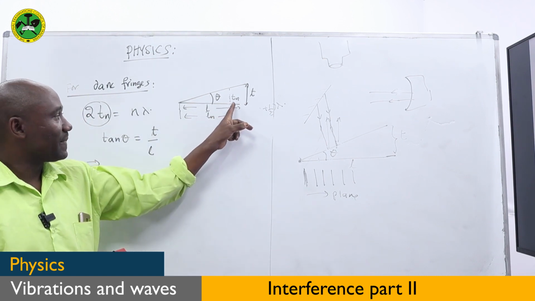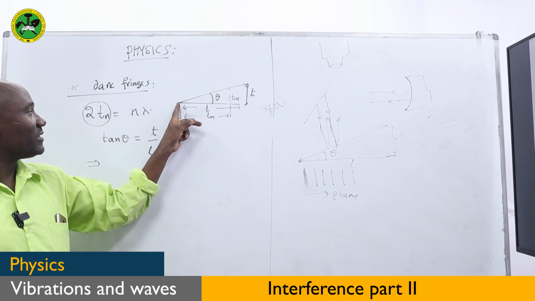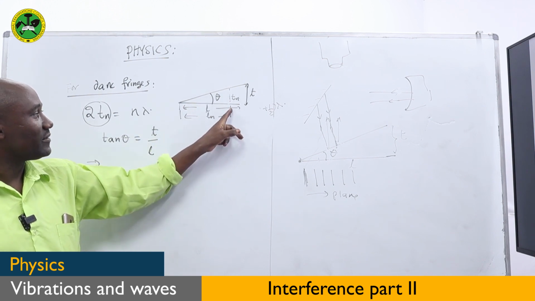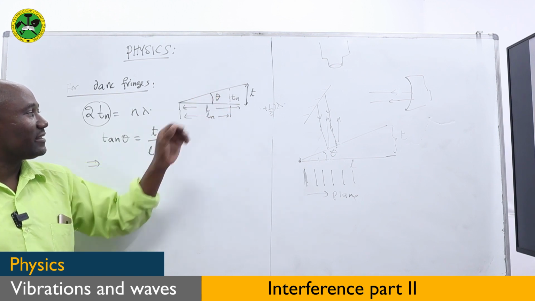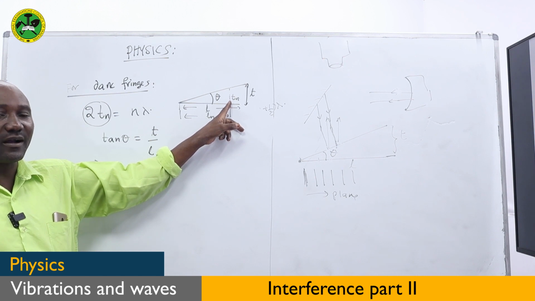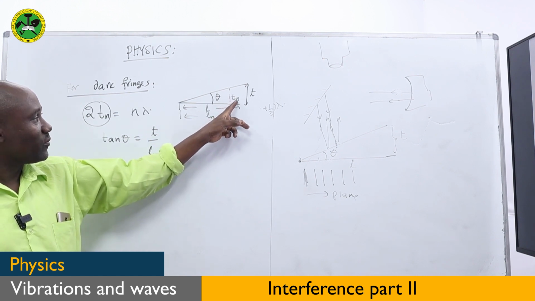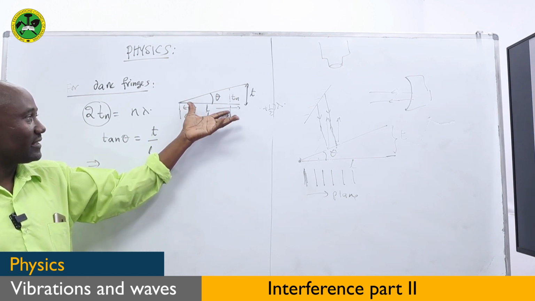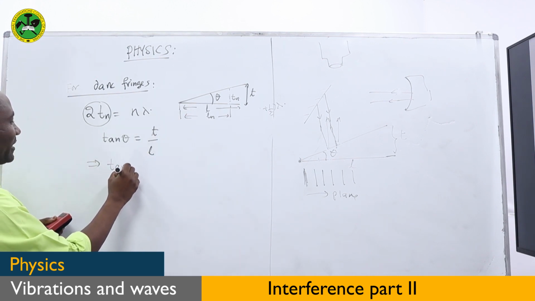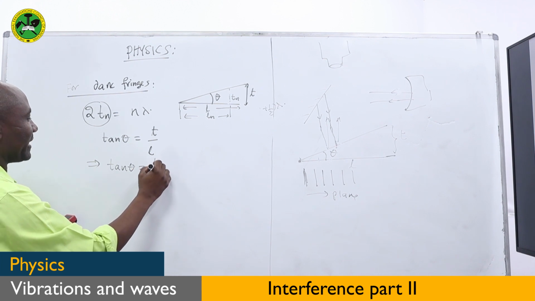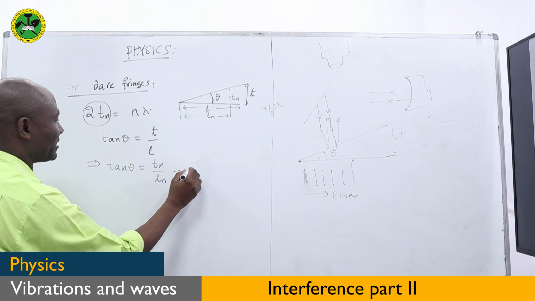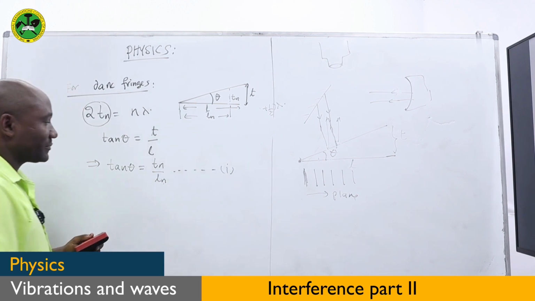This is the distance where the nth dark is formed from the point of contact, and this is the thickness corresponding to that nth dark fringes. Maybe can be the second dark, can be T2. This will be L2. That length is known. So from there, you take now, from this equation, you have tan of the angle theta, which will be the same as Tn over Ln. Take it as equation number 1.